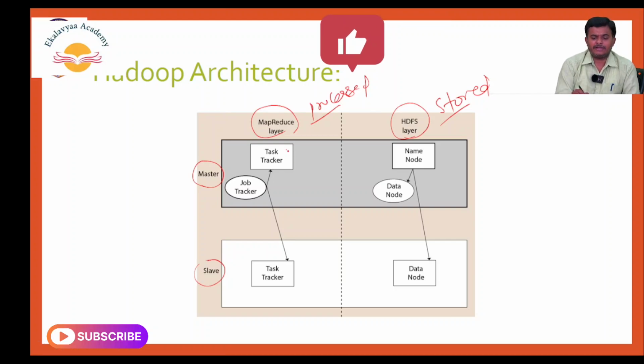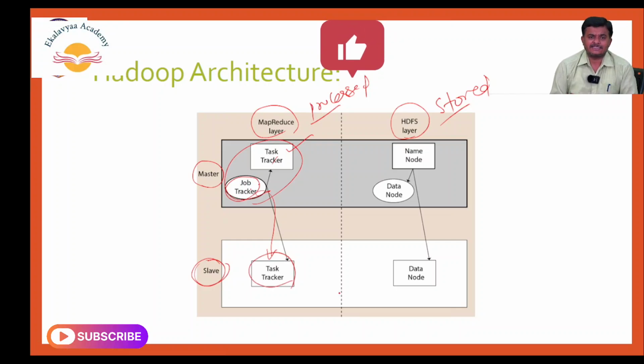We'll have a job tracker in the MapReduce layer, which is connected with a task tracker in the slave. The master can also have a task tracker and job tracker. Similarly, the client will have a task tracker. Whenever a MapReduce program runs, a job tracker initiates itself and generates a number of task trackers.